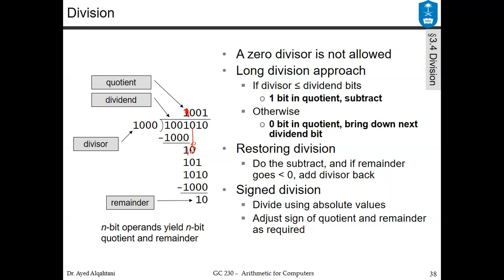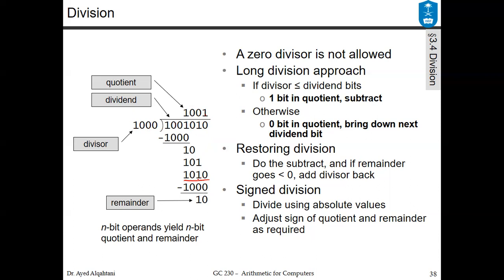We know that this is not enough. We need 4 bits. So what happens is we add 0 and then drop the next bit. It's not 4 bits yet. So you add 0 in the quotient and you drop the next bit. And now you have 4 bits. Now, since you have 4 bits, you could put 1, and 1 multiplied by those numbers is you copy the same divisor here, 0, 0, 0, 1, and now you do the subtraction.